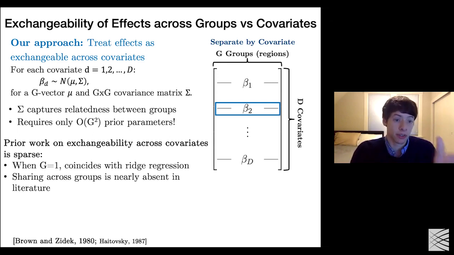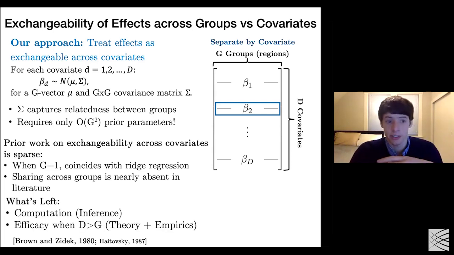The slim work available that we found that does discuss this sort of exchangeability across covariates are these two papers from the 80s that take ridge regression a little bit farther, asking how you can extend ridge regression to this multiple data set setting.